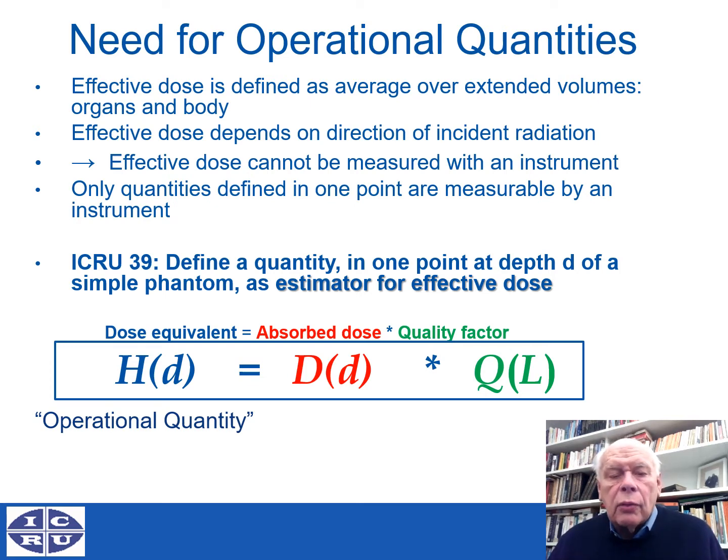The ICRU therefore came up, after the introduction of effective dose, with a definition of operational quantities. Generally, the definition of an operational quantity is the product of an absorbed dose at a point in a phantom at a depth d, multiplied by the LET-dependent quality factor.